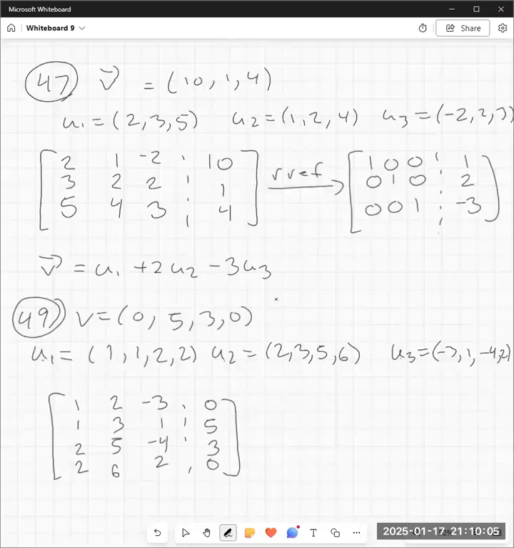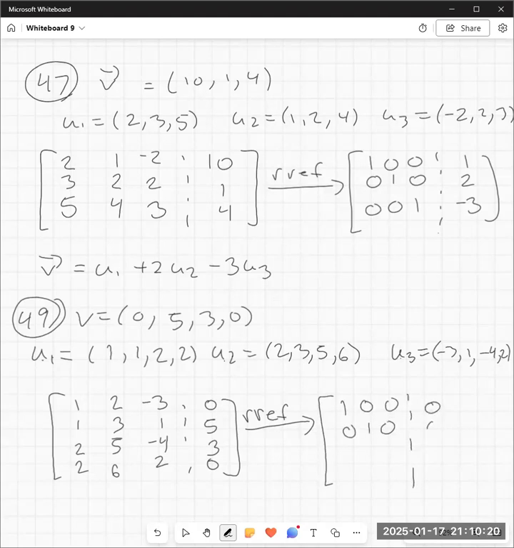That should create a problem, and it does. So when we try to RREF this, we get 0, 0, 0, 1, like that.